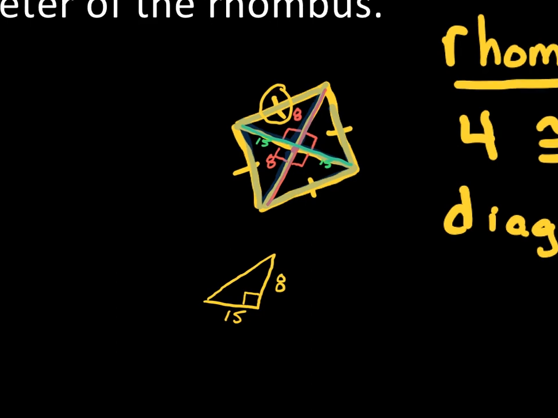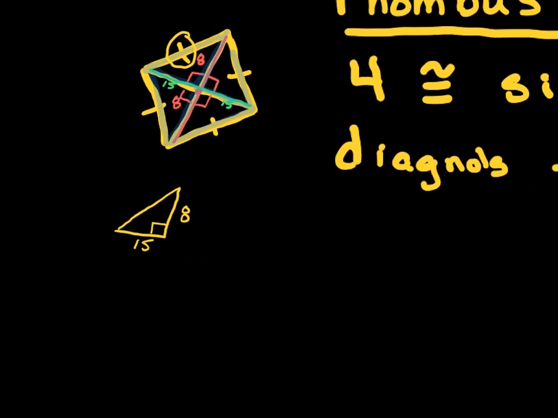Okay? And so that'd be C. And then you have 8, which would substitute for A, so it'd be 8 squared. That's 15 squared. Is equal to C squared.